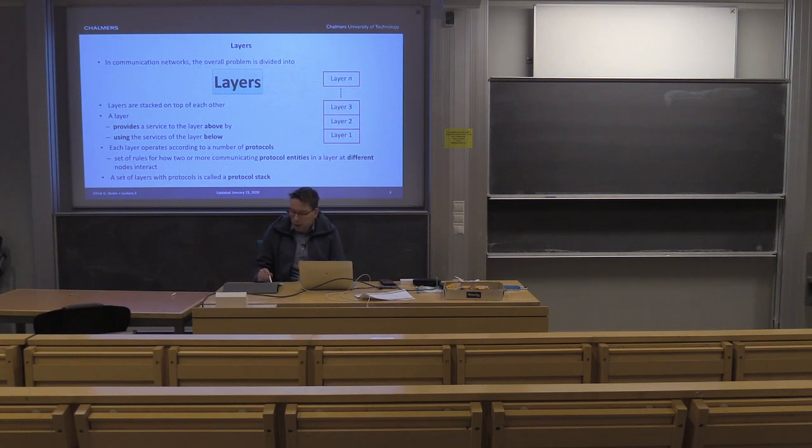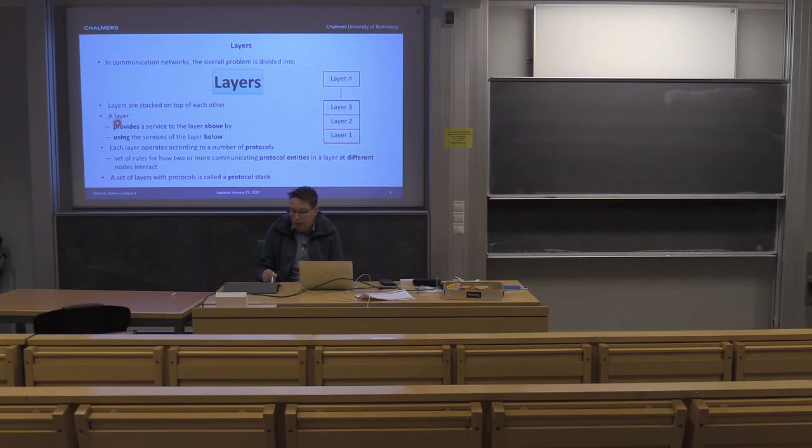So the overall problem is split into these layers, and the layers are stacked on top of each other to form what's known as a protocol stack. So at the bottom we have layer number 1, then we have layer number 2 and so forth, and we can have different numbers of layers, 7 or 4 or whatnot.